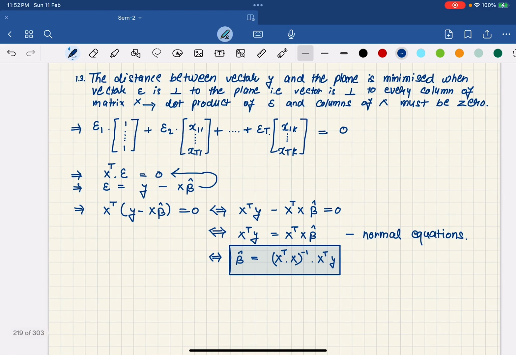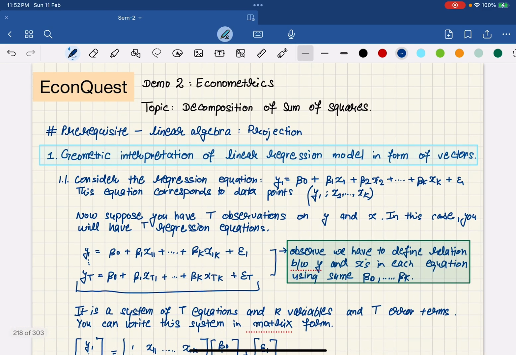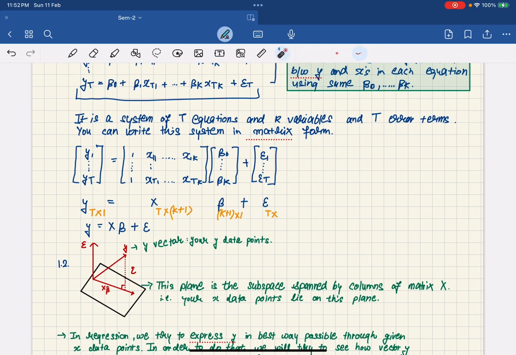Now let's look at the figure again, and you will see that we can use the addition rule of vectors here. To reach this y vector, we can start from this point and follow our vector x dot b hat. Then we follow this epsilon vector in the direction of y, and we can reach our y vector, right?